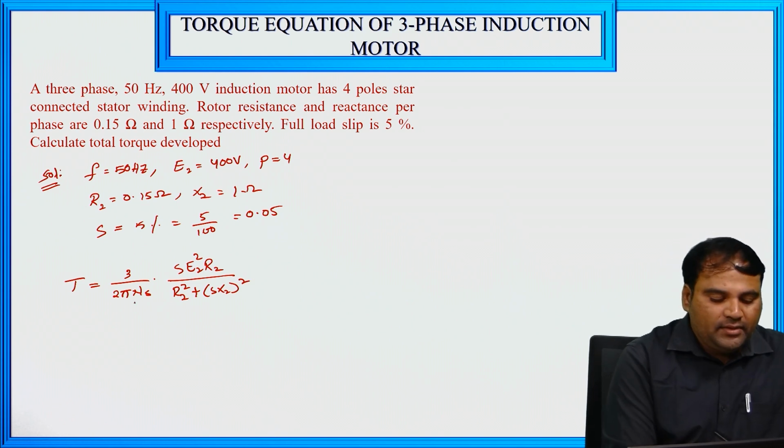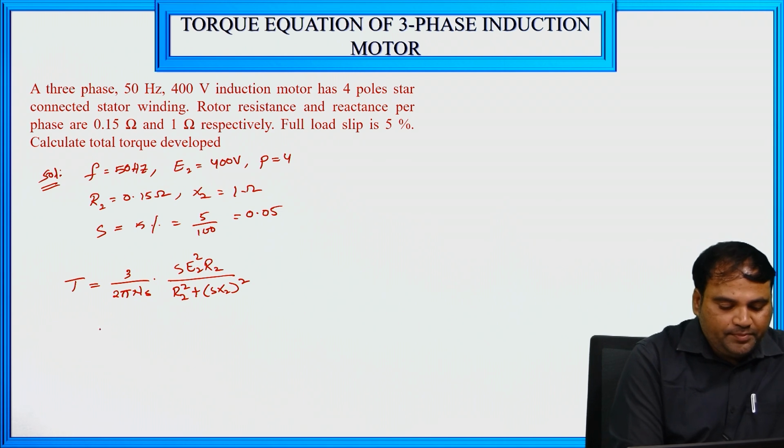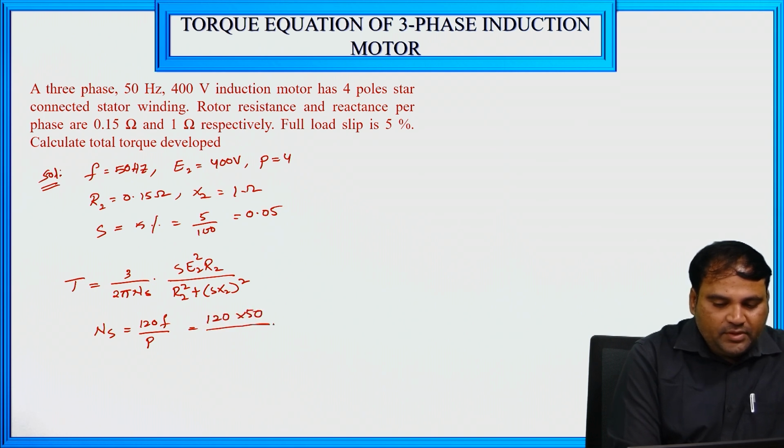But here we need to calculate the Ns value. Ns is equal to 120F by P, that is 120 into frequency 50, and total poles are 4. So 4 threes, that is equal to 1500 rpm.